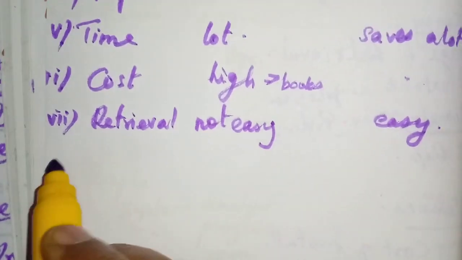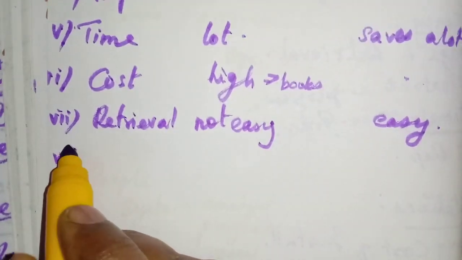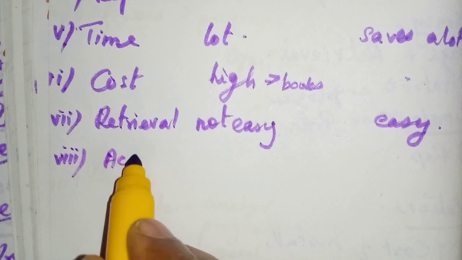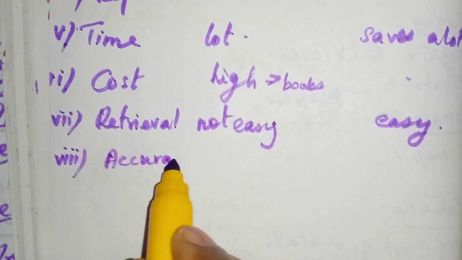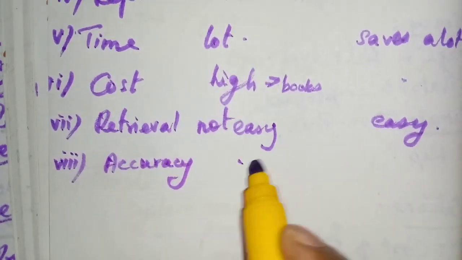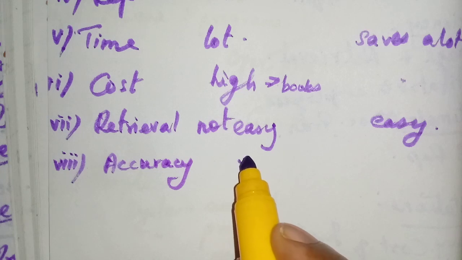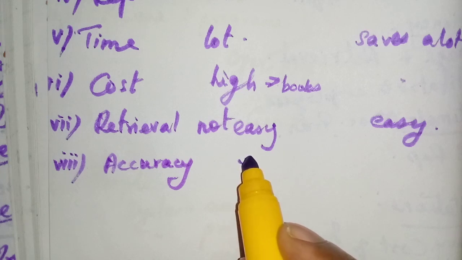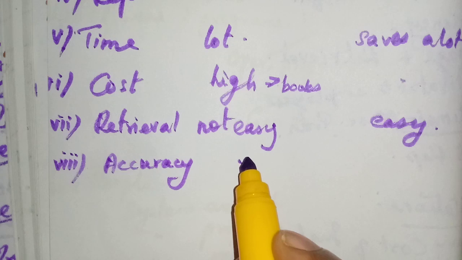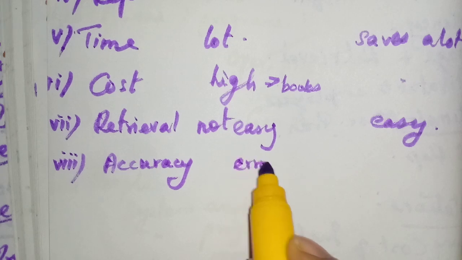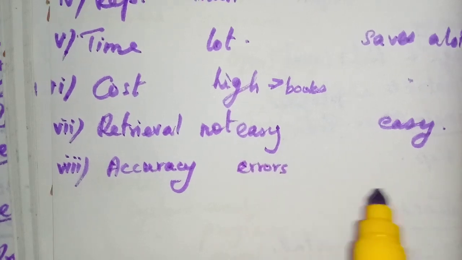Then accuracy. With the computer it will be very accurate. In manual, we cannot say it is very accurate because they may make some mistakes, errors. So accuracy cannot be maintained.